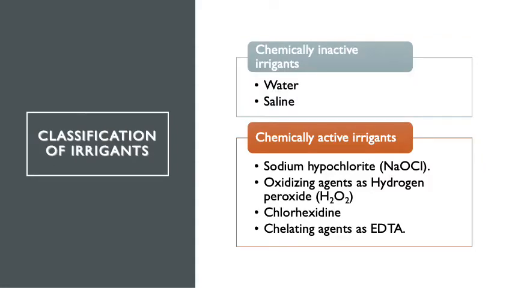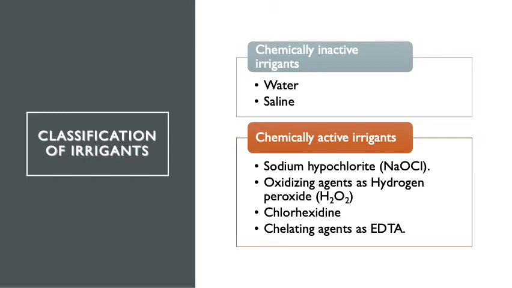So basically the classification of irrigants, we're going to classify the irrigants into two different main types. They are chemically inactive irrigants, which are water and saline. These are purely inactive, so they don't have any antimicrobial effect whatsoever.